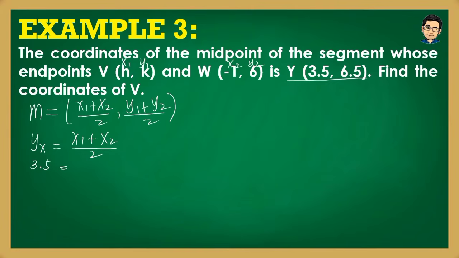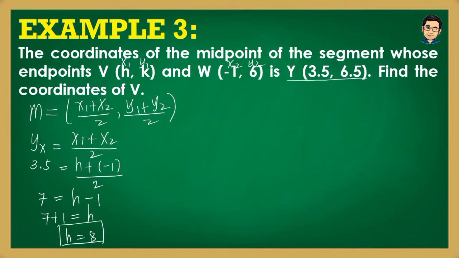So, x sub 1 is h plus x sub 2 negative 1 all over 2. And then cross multiply, 3.5 times 2 is 7 equals h minus 1. And then i-transfer natin yung negative 1 sa left side. So, magiging 7 plus 1 equals h. So, h is equal to 8.